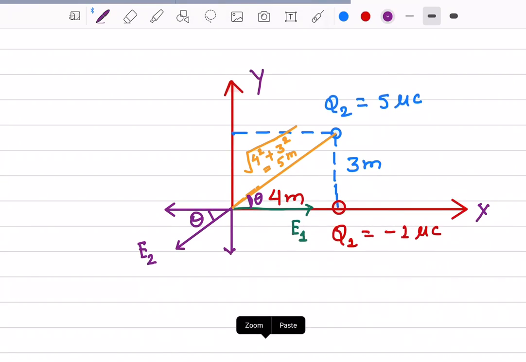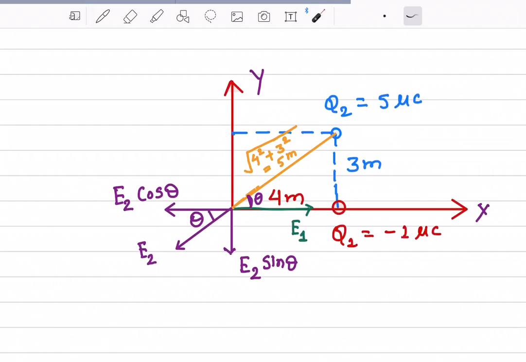As this angle is theta, this angle will also be theta. So this will be E2 cosine theta, and this one will be E2 sine theta. So now you can see the electric field E2 has two components, E2 cosine theta and E2 sine theta.